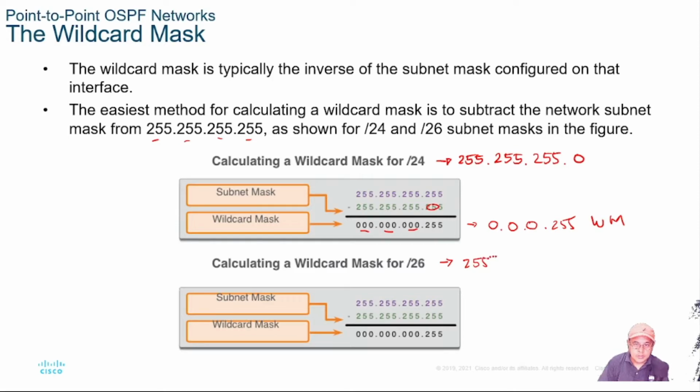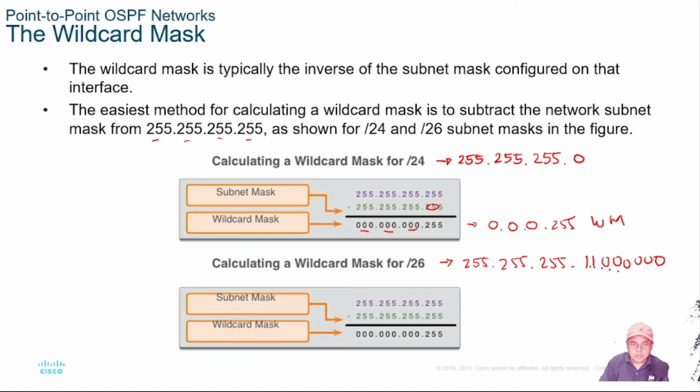This is 255, which is 8 ones. 255, another 8 ones. 255, plus 8 ones, so 24 ones. And we still need two ones. 1, 2.